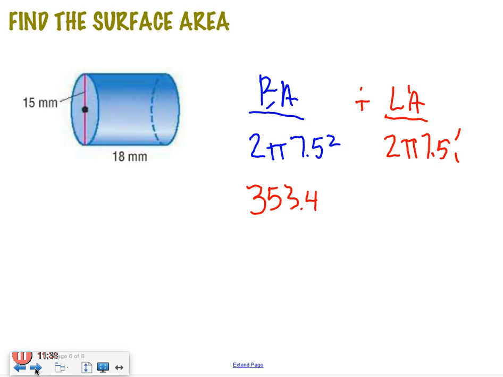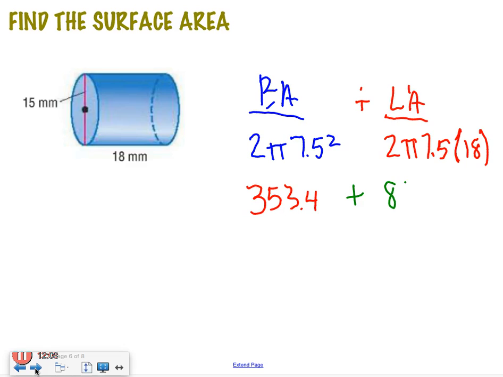What's the height of our cylinder? 18. It's on its side. What is that approximately? About 847. 847.